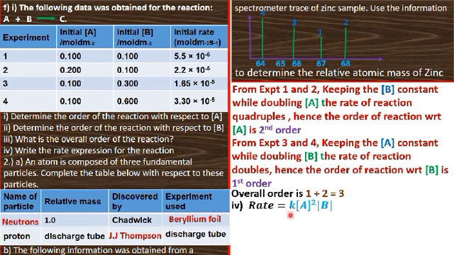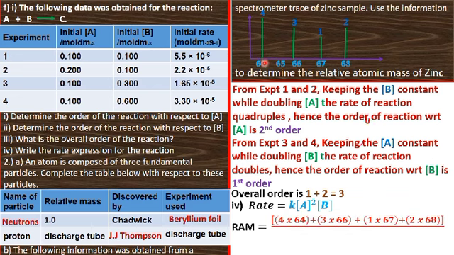The RAM of zinc is obtained by taking each peak value multiplied by its mass. We have peak number 4 with mass 64, so we have 4 times 64 plus 3 times 66 plus 1 times 67 plus 2 times 68, all over the sum of the peak numbers, that is 4 plus 3 plus 1 plus 2.